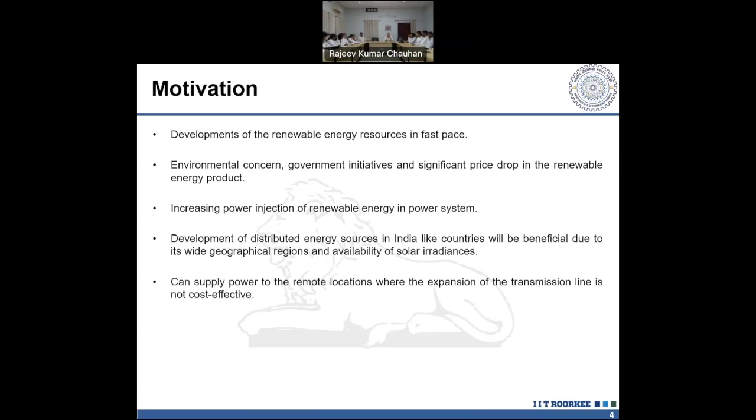In today's scenario, the solar per unit cost is hardly 2 to 3 rupees. So that is a development within 15 years. The whole electricity development took 120 years, but in 15 years, the solar cost has reduced this way.